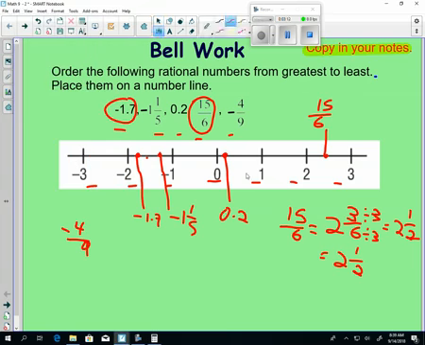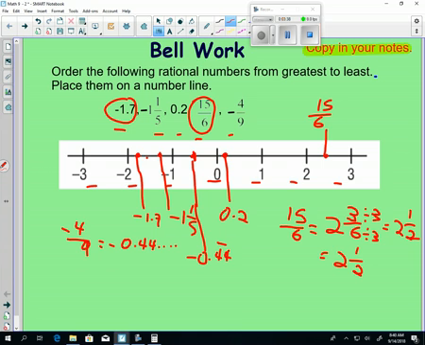It is about 4/10. So there's 0 and minus 1. That's almost a half, so it would be somewhere right around there. Not quite a half. And we put the bar over it, meaning it's repeating.